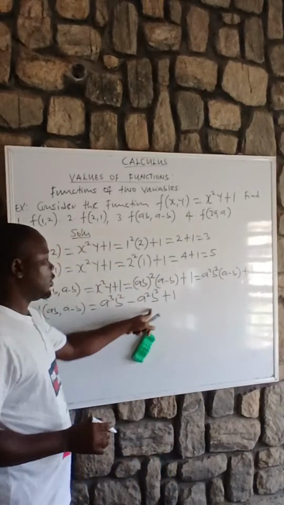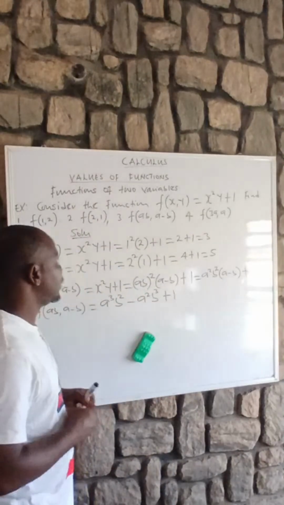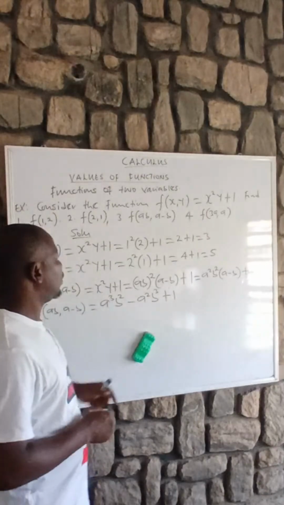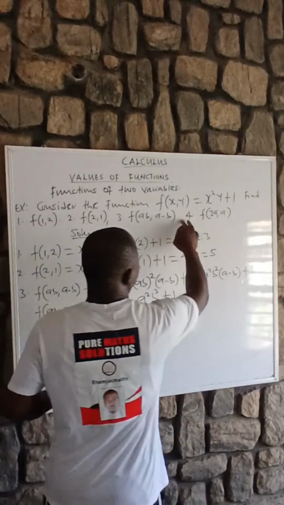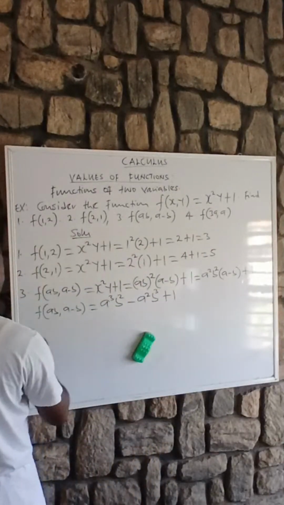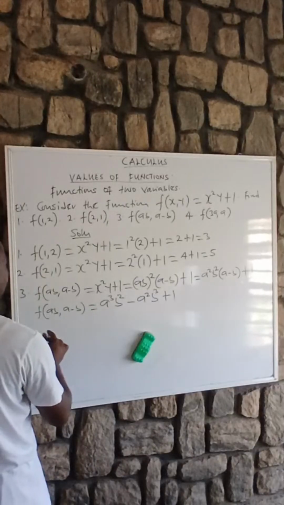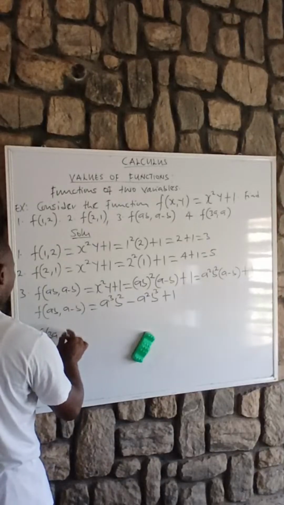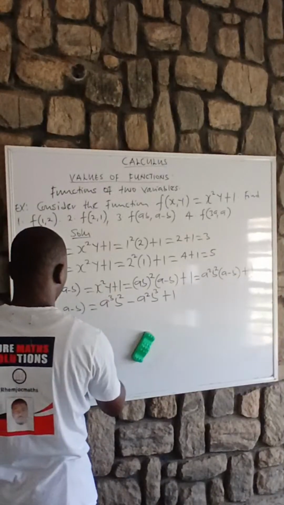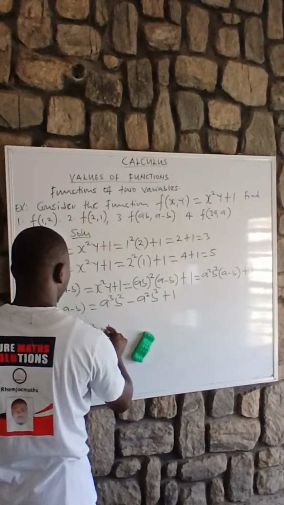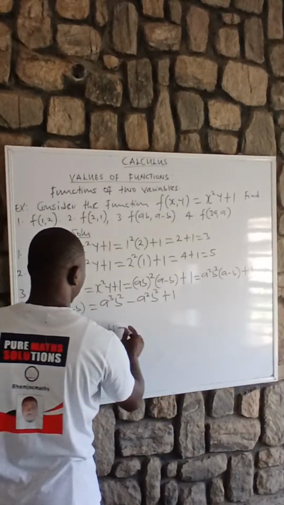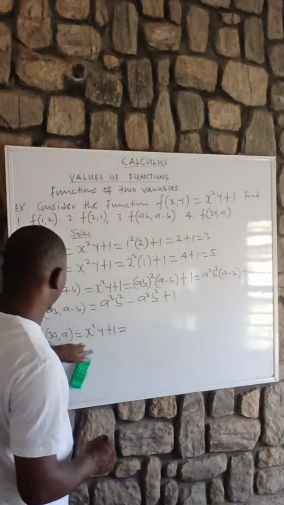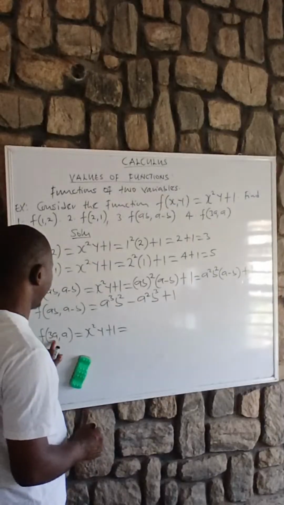This should be the final answer to number 3. Is that clear? Okay, now let us consider number 4. 4 is f of 3a comma a, which equals x squared y plus 1. So as you can see, our x here is 3a, right?